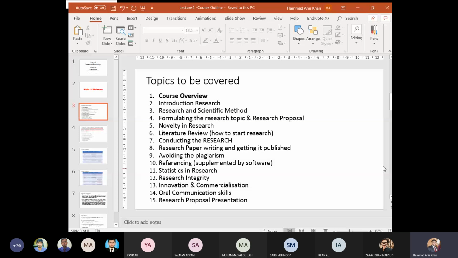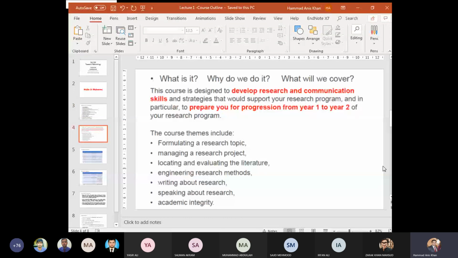Those tasks will be assessed and graded, and through those tasks I will try to touch certain qualities. So there are some learning outcomes which I'm trying to get. So if you see what it is, why do we do it, and what will we cover, this is our aim in this course.